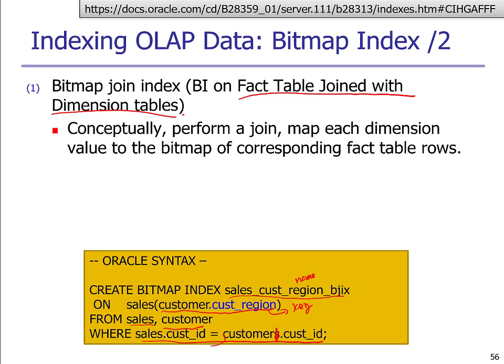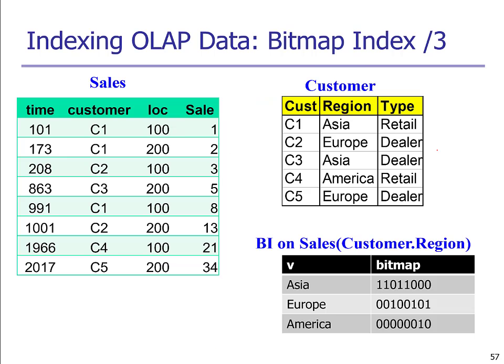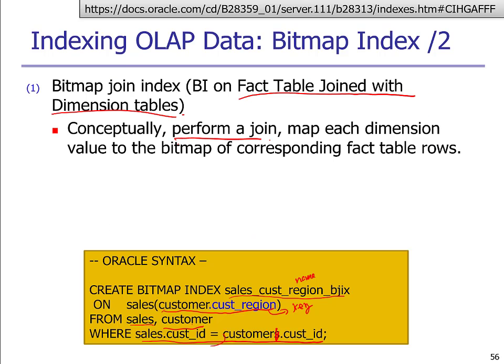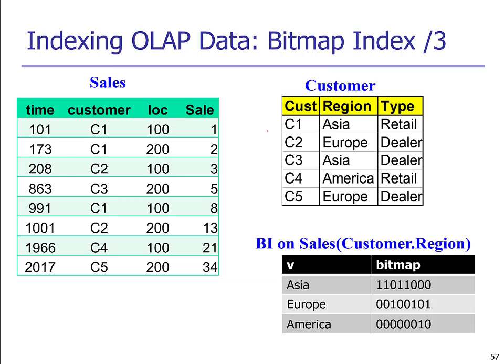So conceptually, we perform a join. Map each dimension value to the bitmap of corresponding fact table rows. It could be easier to understand with this example here. If you still remember, we need to perform a join first, with this customer and this customer ID, right?